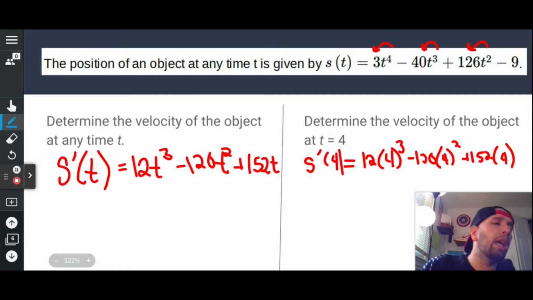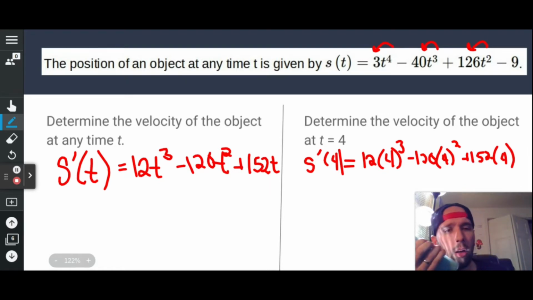Let's see if Siri can handle all of this. 12 times 4 times 4 times 4 minus 120 times 4 times 4 plus 152 times 4. It's negative 544.